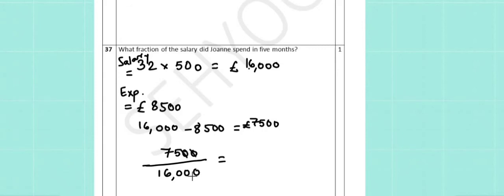So, as a fraction out of the salary, we reduce it by 100 and then by 5. So, the numerator is 15 and the denominator is 32, and then we cannot reduce it further. So, this is our answer.